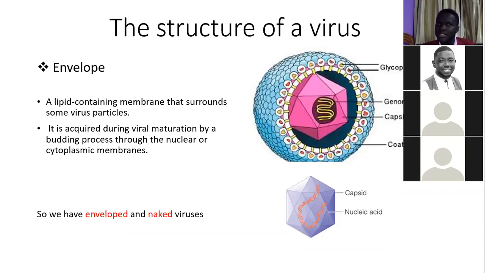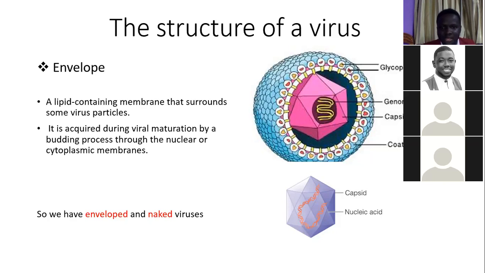After replication, when they are coming out of the cell to infect new cells, they tear some of the membranes of the host cell to surround themselves. These viruses are called enveloped viruses. So the envelope is obtained from the host cell, and it is not coded for by the virus. They don't get it from the virus, but from the host cell.